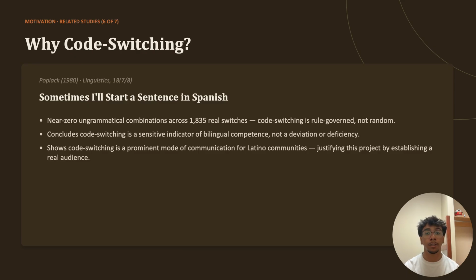It is used strategically, and it has some grammatical rules that you have to follow when you're talking in a code switch manner. And it's not a sign of deficiency of either language. It's just a way that, like the paper says, mostly Latino communities are accustomed to talking.